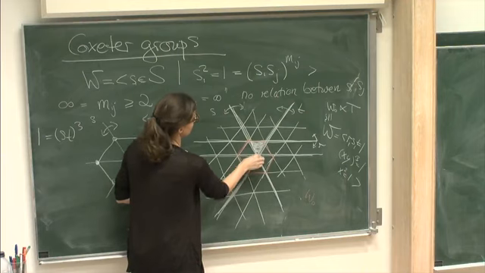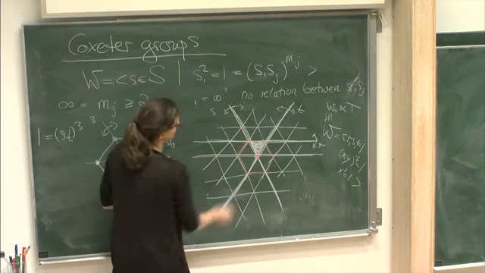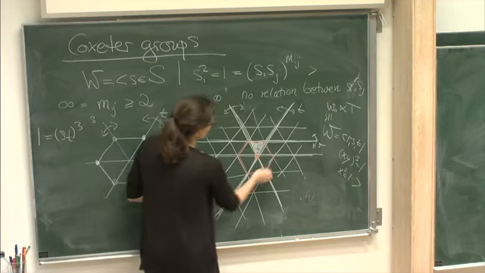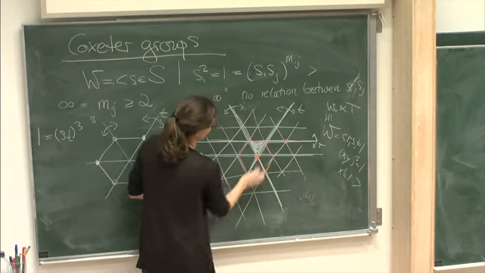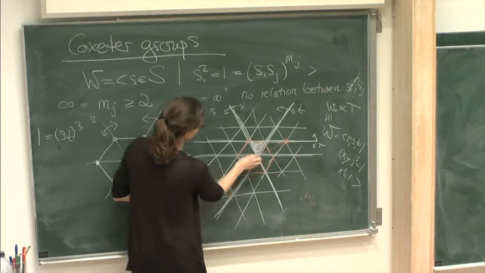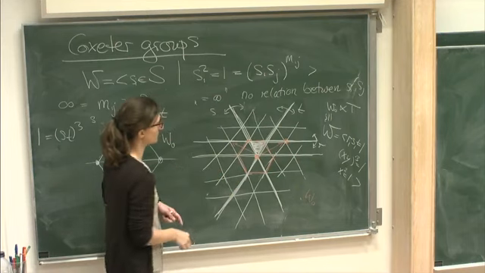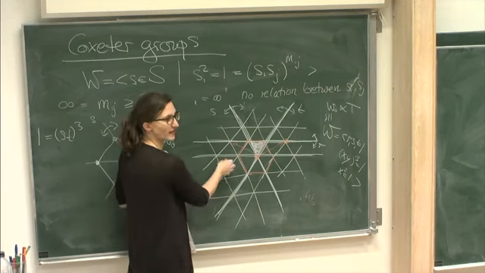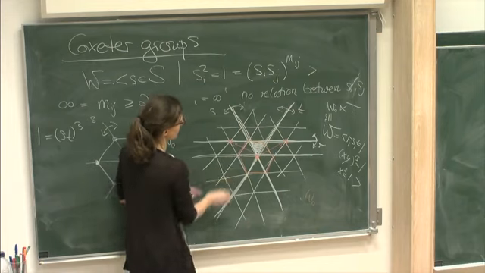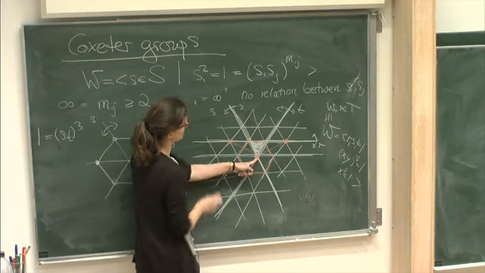Imagine here's the origin, then you can generate a translation group with these two little arrows here, and these red ones, that translate your origin to here and here.